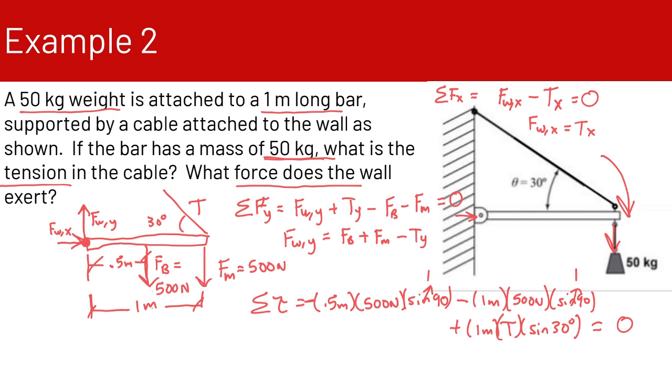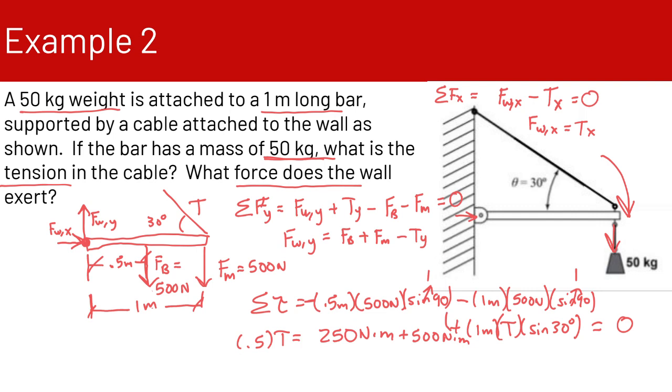Okay, so I'm going to simplify our sum of torques and move some things around. On the left side, sine of 30 is 0.5, so we have 0.5 times T, and that's equal to 0.5 times 500, so that is 250 Newton meters, plus another 500 Newton meters.